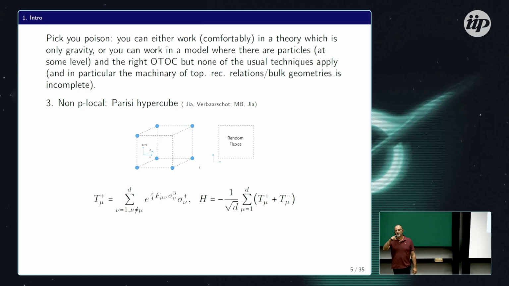So as you go around the loop, there's a frustration in the theory, and the Hamiltonian is mixing. This was solved by Parisi a long time ago using essentially chords. And this is non-local, of course: the state of the entire system is important for every hopping.